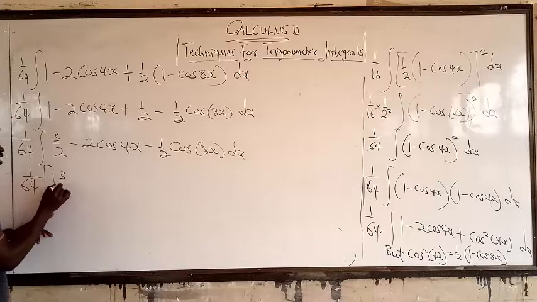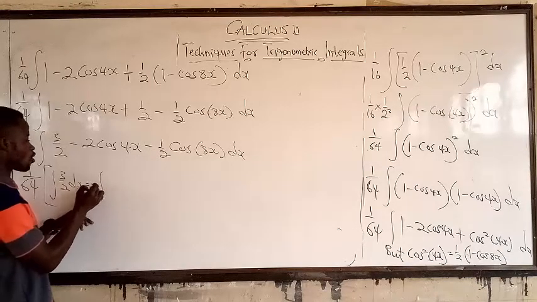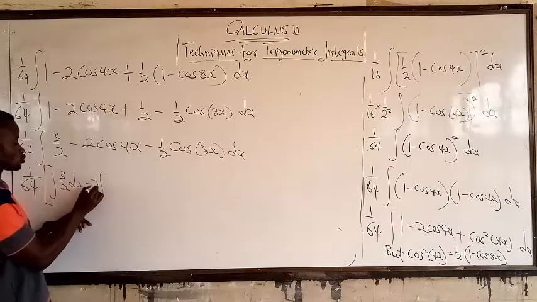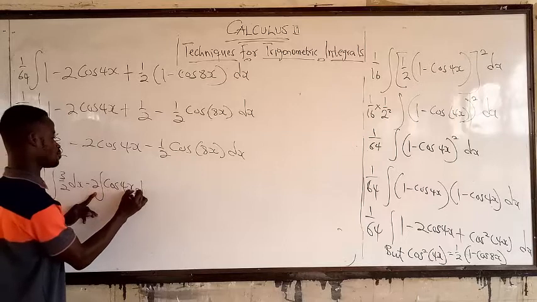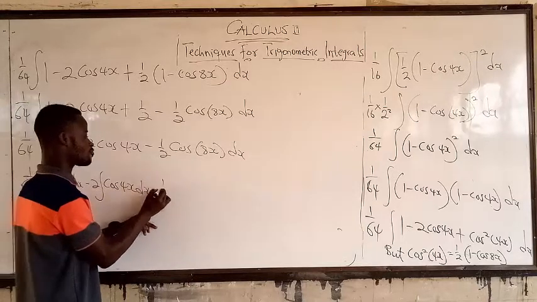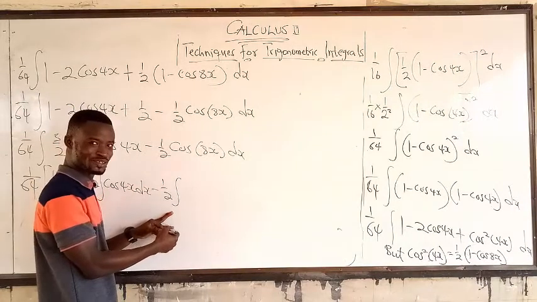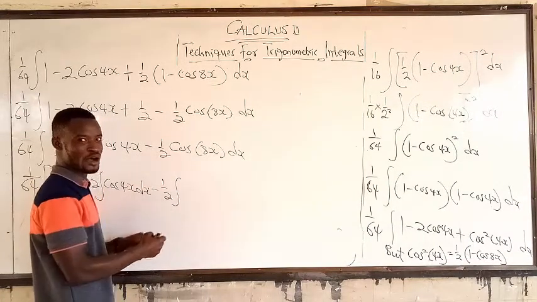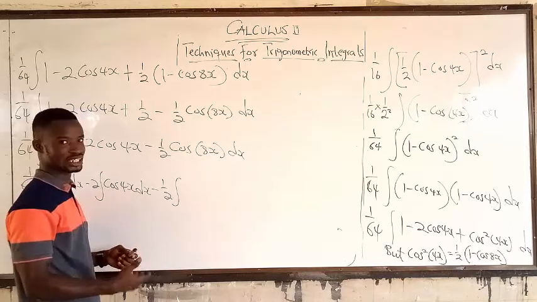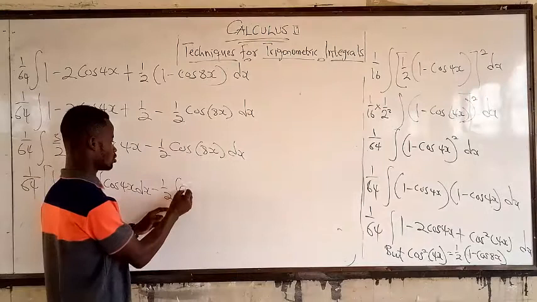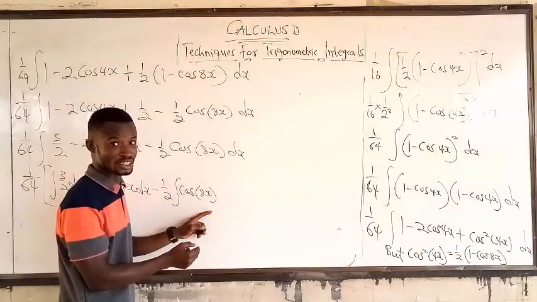Integrate 3 over 2 with respect to x, minus the integral of cos 4x dx, where the constant will come out, minus the half will come out, cos 8x dx. Integrating each term, yes, I'm repeating everything for you to understand it. But when you get used to it, you can choose to ignore bringing it out. It is good to bring it out if you know about it.